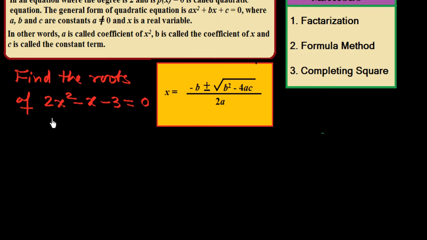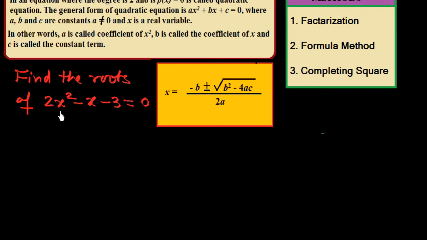The same procedure we have to follow in this completing square method. First of all, find the roots of 2x square minus x minus 3 is equal to 0. First of all, we have to remove the coefficient of x square from this equation. For removing this, we divide the whole equation by 2, the coefficient of x square.